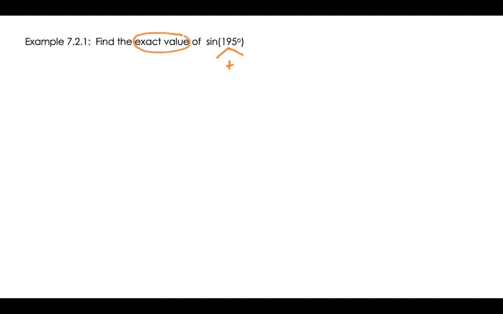So sine of 195, I need to figure out, can I write that as angles that I know on the unit circle? You might think of 100 plus 95. Unfortunately, 100 degrees and 95 degrees are not on my unit circle either, so that's true but not helpful. I could think of 150 degrees plus 45 degrees.